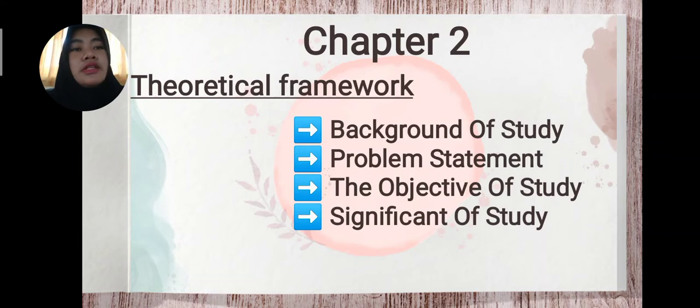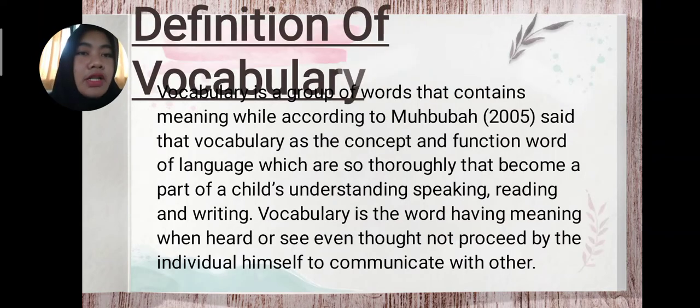Chapter 2, Theoretical Framework. Definition of vocabulary. Vocabulary is a group of words that contains meaning. According to Mubaba, 2005, vocabulary is the concept and function words of language which become a part of a child's understanding, speaking, reading, and writing. Vocabulary is the word having meaning when heard or seen, even though the individual does not produce it when communicating with others.